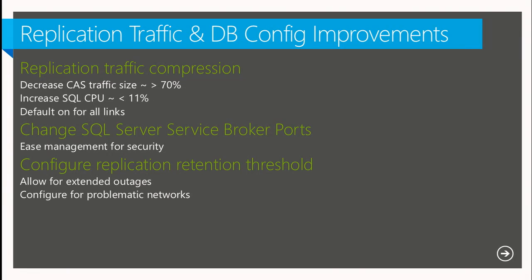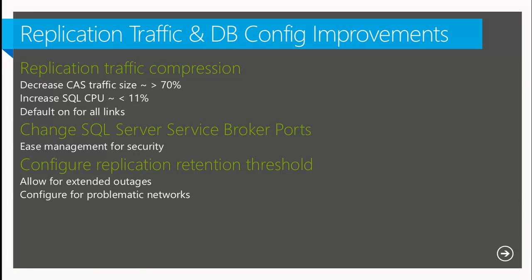But typically, for most of the customers, the reason the default is there is it might be 5 days on a long weekend for some customers to realize that a link is down between a primary and a central administration site. And therefore, we retain the changed data at either the central administration site or the primary. And once the link comes back up, then we just send the changed information, the deltas, across for replication purposes.